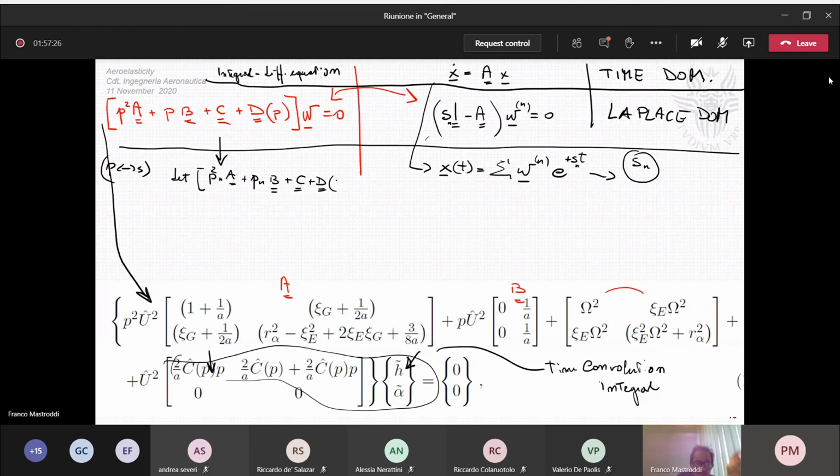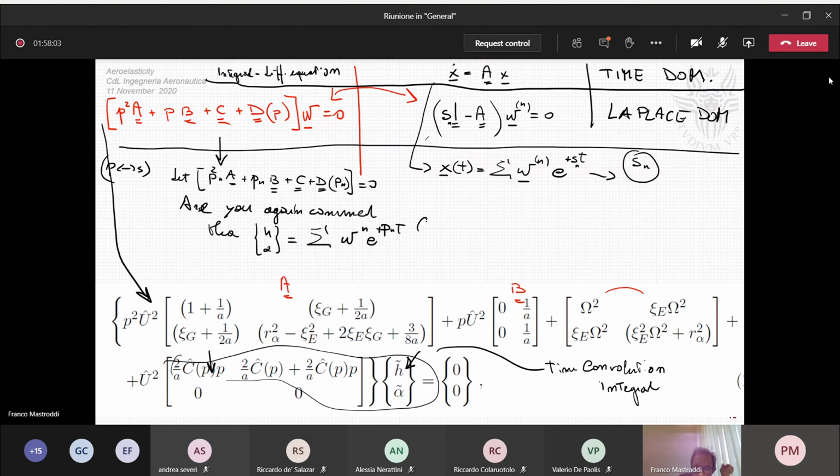Okay, this is complicated, but are you again convinced that the solution of your problem is a combination of W, again this W, by e to the power plus or minus Pn by T?